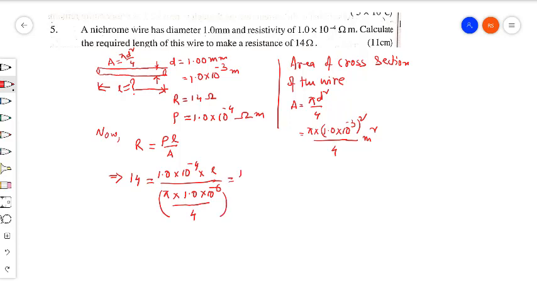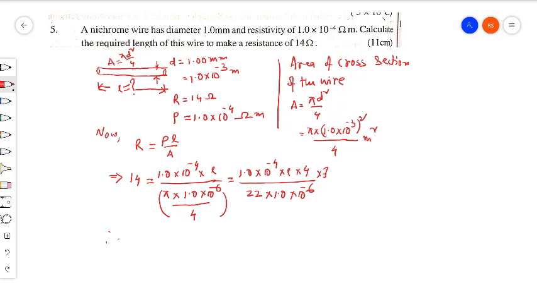So this is 1.0 into 10 to the power minus 4 into L into 4 divided by pi. Pi is 22 by 7, so 7 will come in the numerator, into 1.0 into 10 to the power minus 6.